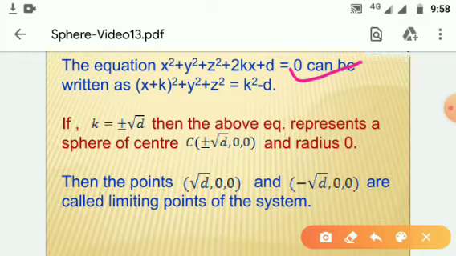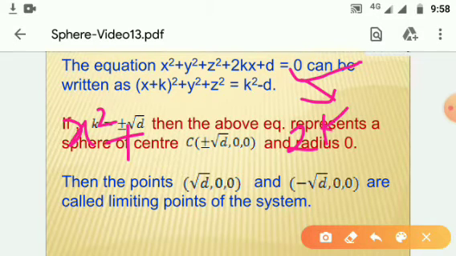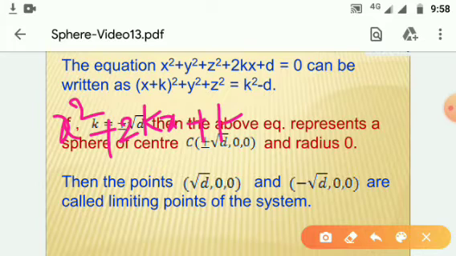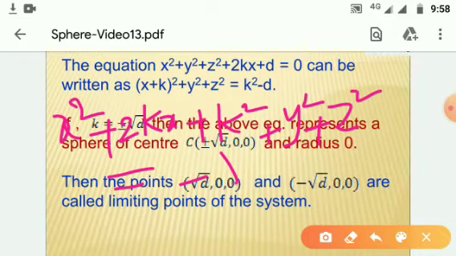For example, take this equation, add k square both sides, then you will get x square plus 2kx plus k square plus y square plus z square is equal to minus d plus k square.